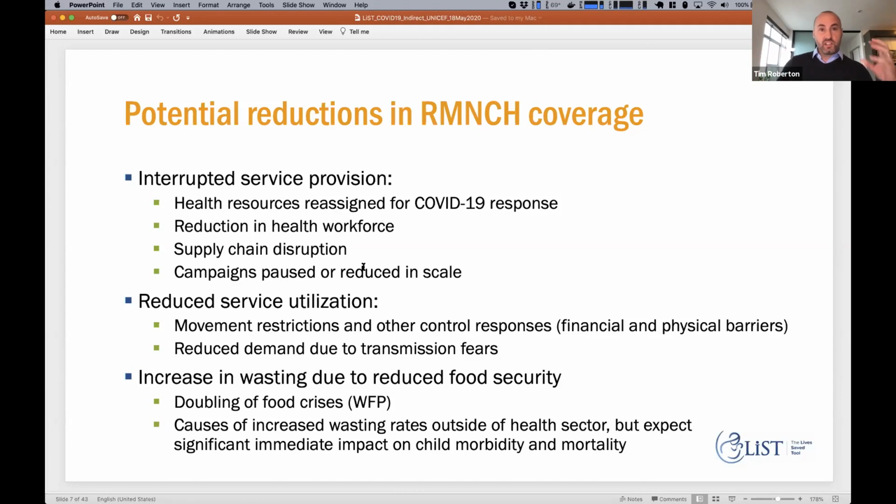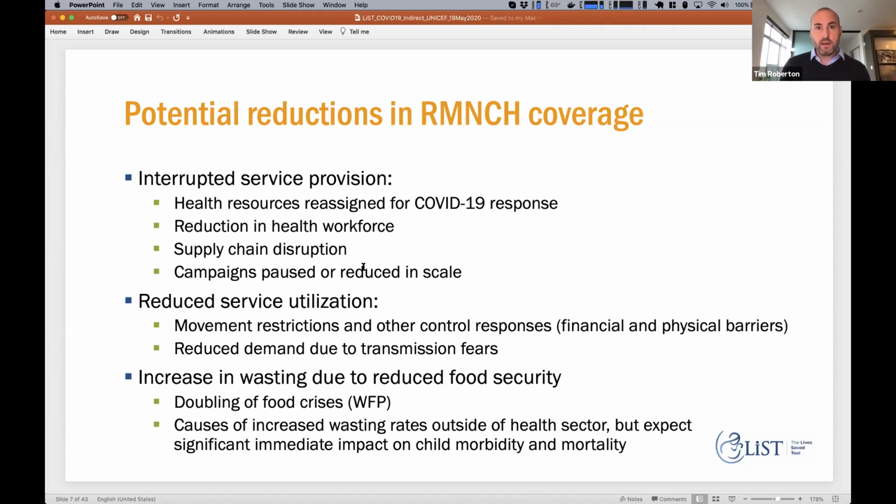So in addition to those health system factors, interrupted service provision and reduced utilization, for this analysis and in our discussions with stakeholders globally, we thought it would be important to consider increased wasting due to reduced food security.